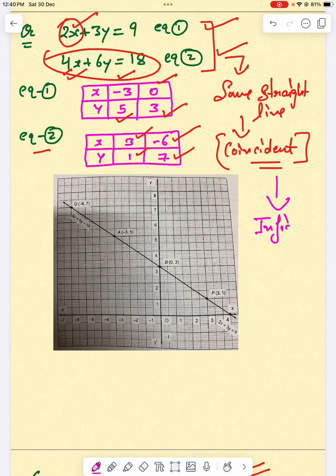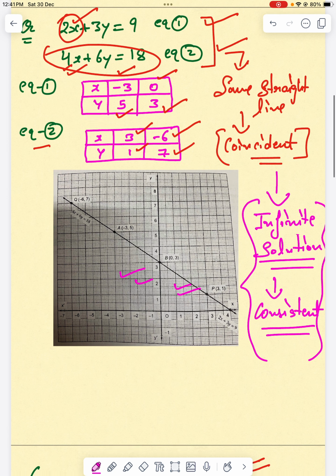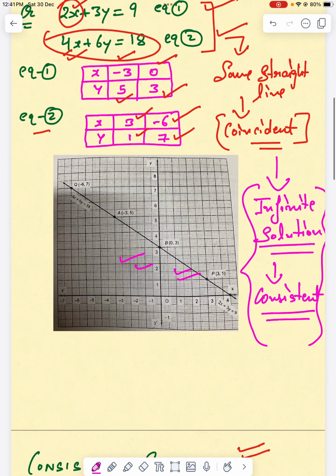That means it is having an infinite solution because they are overlapping with each other, right? Also, it is consistent because this pair of system of linear equations has solutions, but infinite. So if you are getting this type of graph that is overlapping, then you can say that the given pair of system of linear equations is consistent with infinite solutions, right?